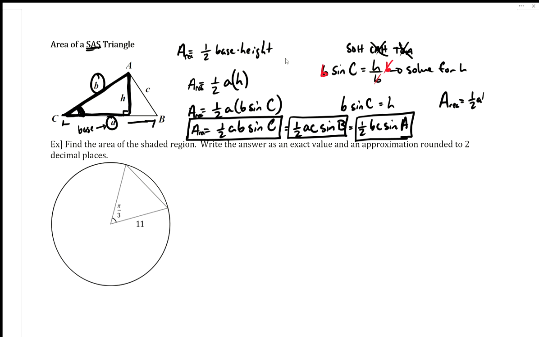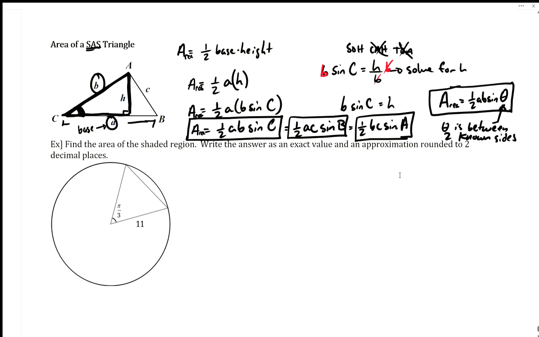They might do 1/2 ab sine theta, where they just say that angle theta is between two known sides. Okay, so that's the other formula. They're all the same formula, just with rearrangements of the letters. That last formula might be the best, though. Just think, if I have the angle in between two known sides, I would have this.